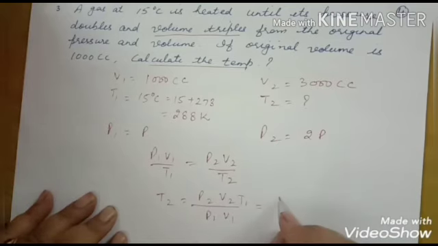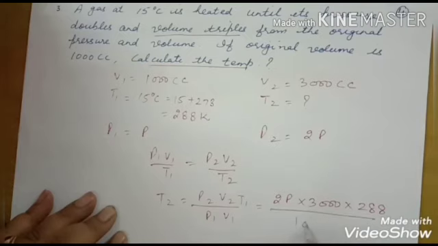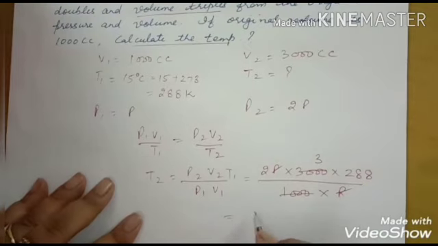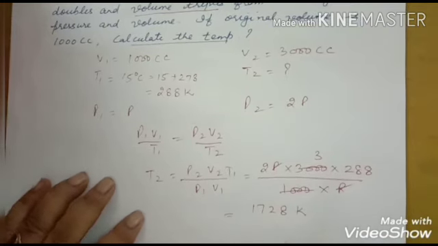Let me fill in the values. 2P into 3000 into 288 upon 1000 into P. This P will cut with this P, and 1000 with 3000 gives 3. So this will come as 1728 Kelvin. So the answer is here.